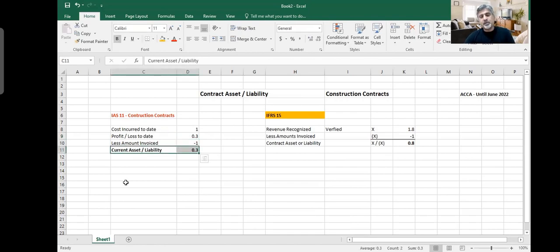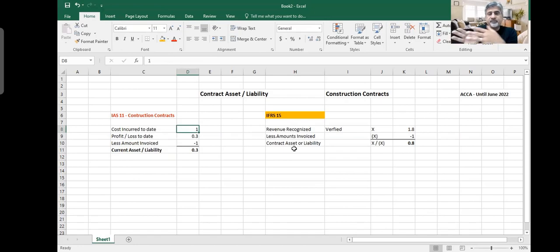So this model of IAS 11 of calculating contract asset or contract liability formed its basis on what you have incurred as cost, and based on the cost and the work completed, how much profit you can recognize. Okay, this much of the job is done, therefore this much of the profit can be realized. And then out of which, how much you have invoiced. Now, please pay attention.